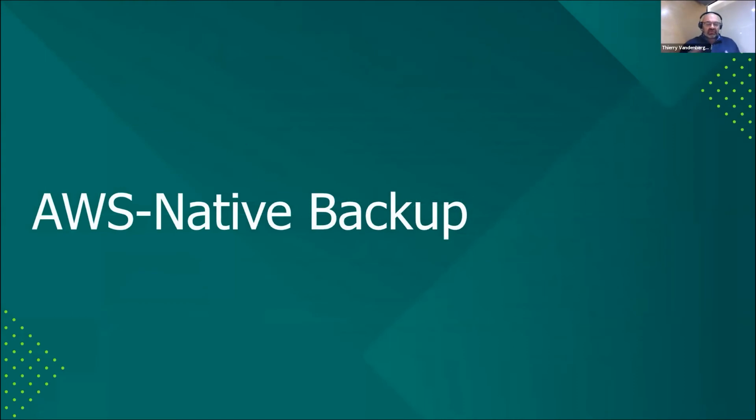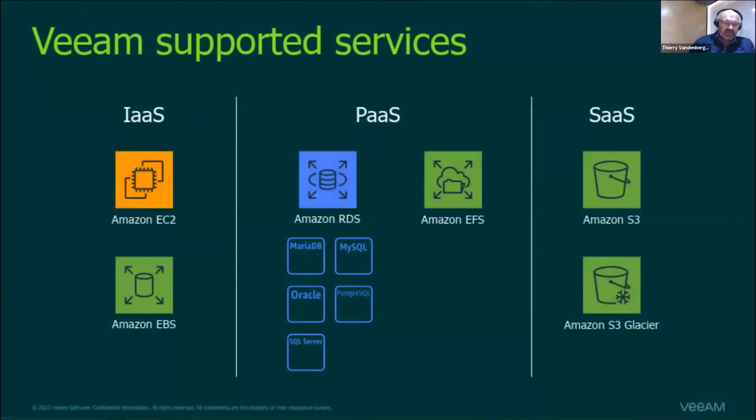Veeam offers services in multiple ways for the AWS solutions. First of all, we have the native backup. So for resources which are running within your AWS, Veeam has a backup solution. We're at version 5 at this moment. We're already protecting what you see on this slide.